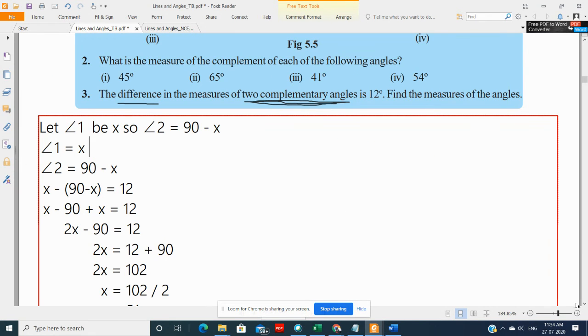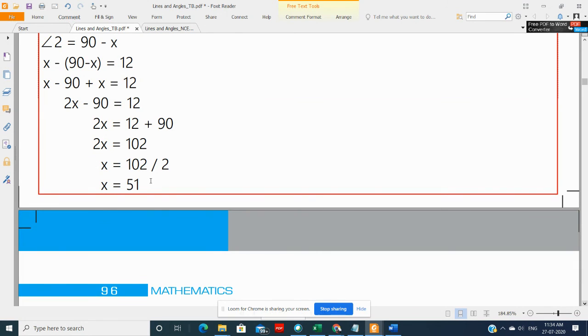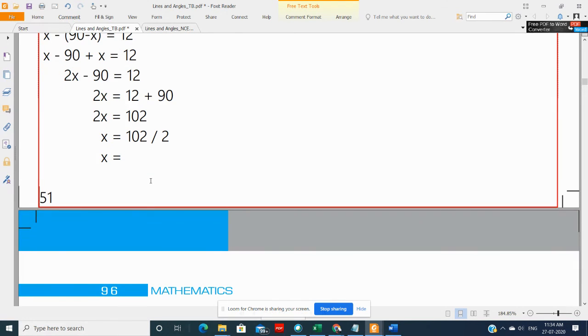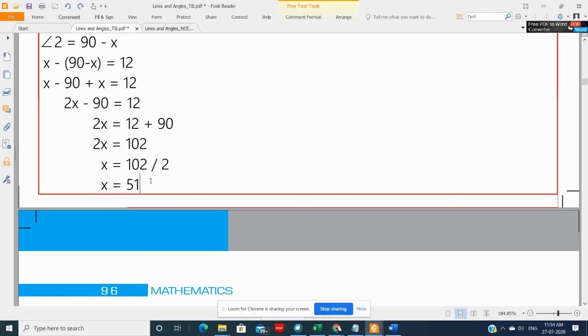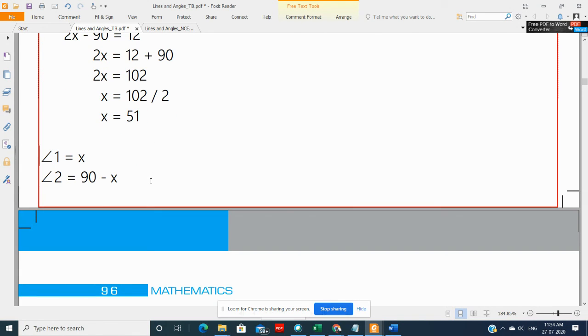This x is nothing but 51 because that's what we have found out, so we'll write 51 and keep the value of x here. So 90 minus 51 would give me 39.